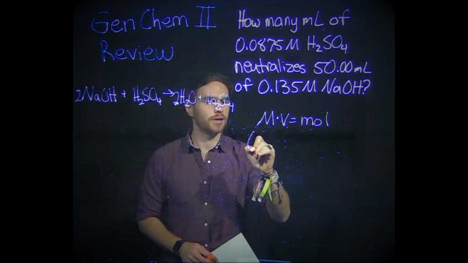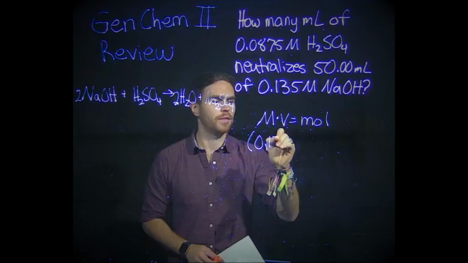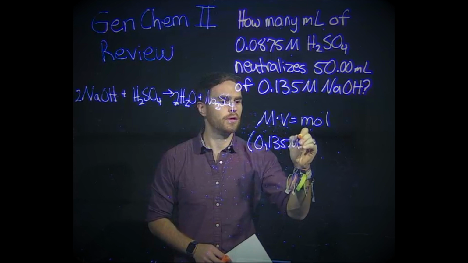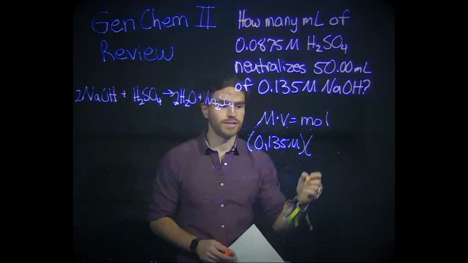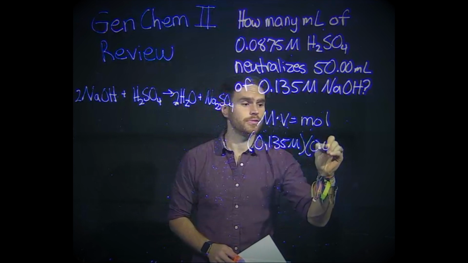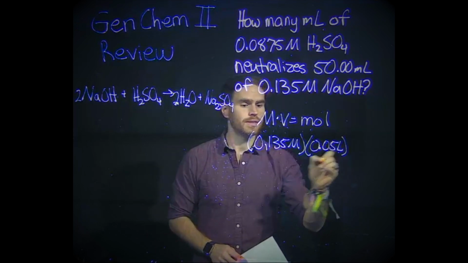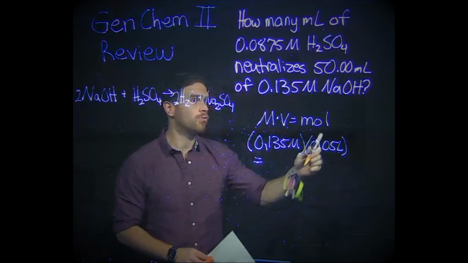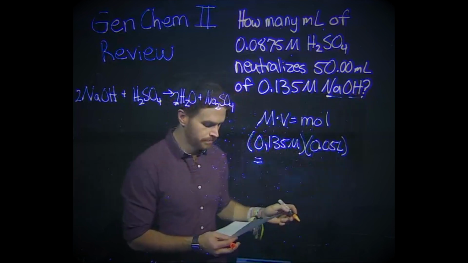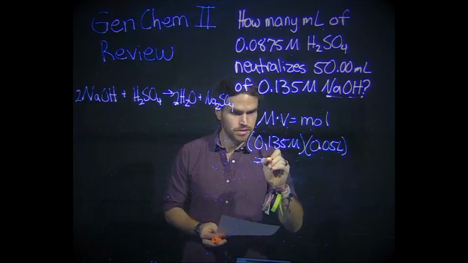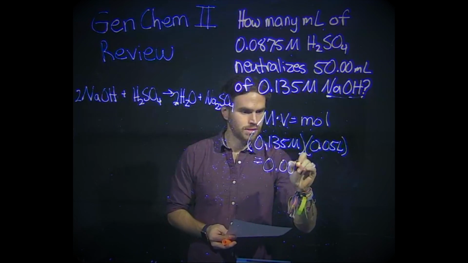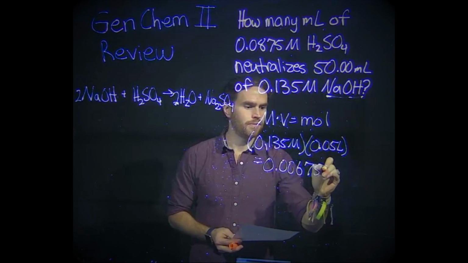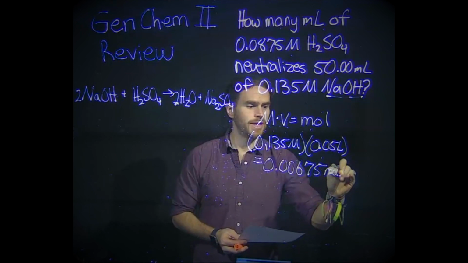Now, if we plug in our values, 0.135 molar times 50 milliliters, which is the same as 0.05 liters, this will give us the amount of moles of sodium hydroxide as 0.00675 moles of NaOH.